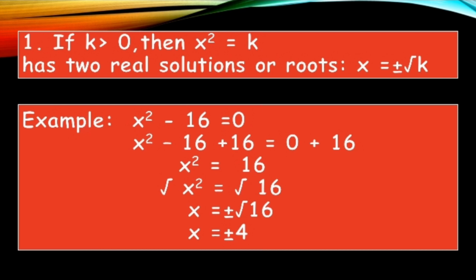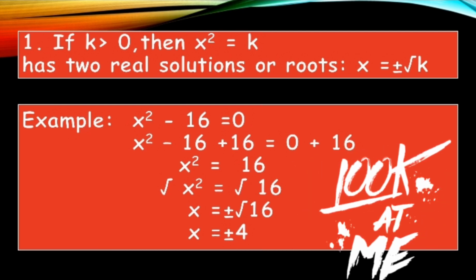X is equal to positive and negative square root of k. So, kung makikita daw natin na ang constant term natin ay greater than 0, pag sinabing greater than 0, all is positive numbers, ang sagot daw natin ay two real solution.